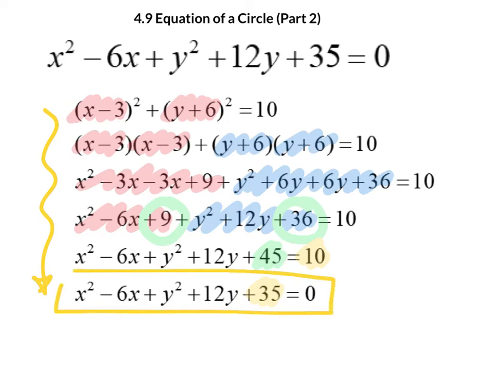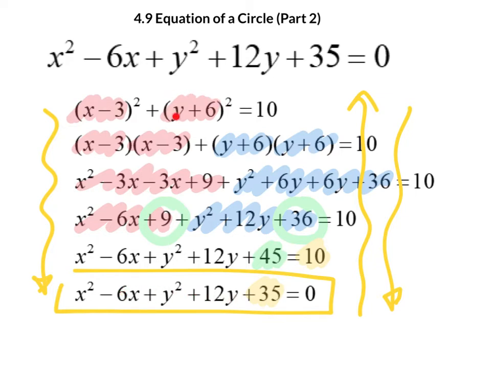Now, getting here is multiplying, okay? Going backwards is a process we call completing the square. And just so you know where that name comes from, to complete a square, we want to take things and put them into perfect squares. Do you see how this says (x minus 3) squared? It doesn't say that here.